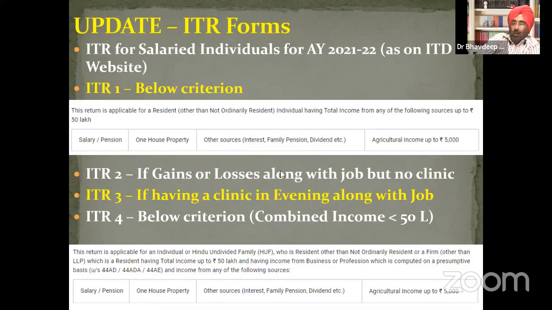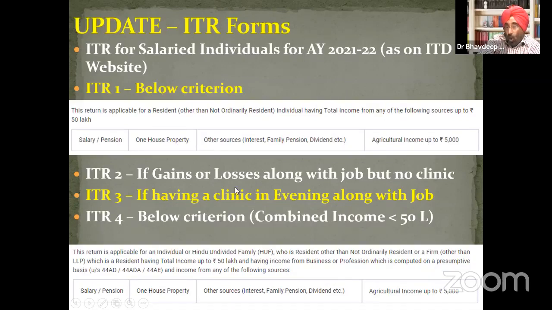ITR 2, if gains or losses along with job, but no clinic. Why I wrote losses? People may not actually make money, they may have losses also.